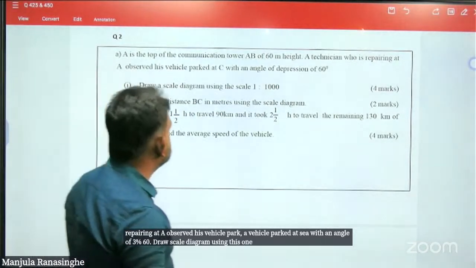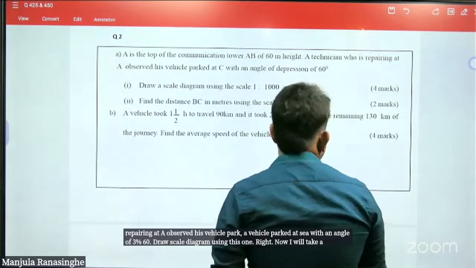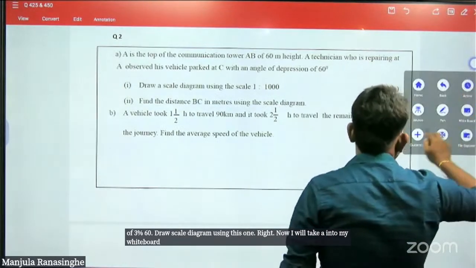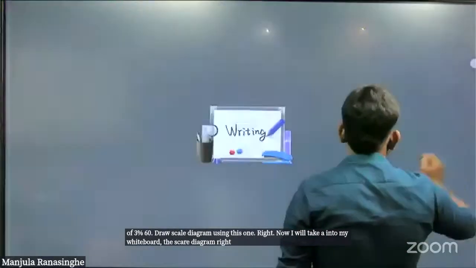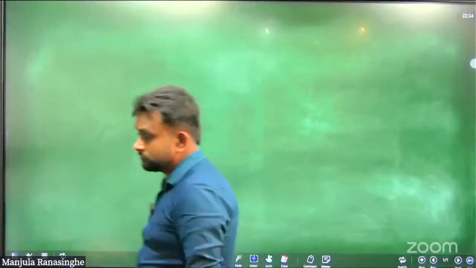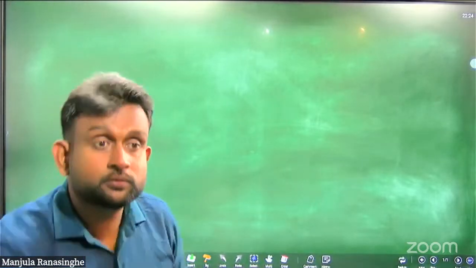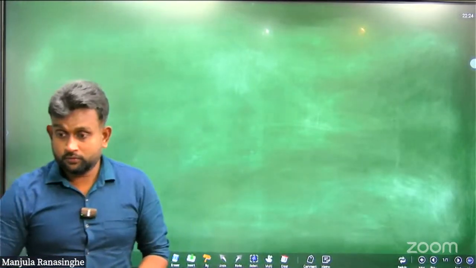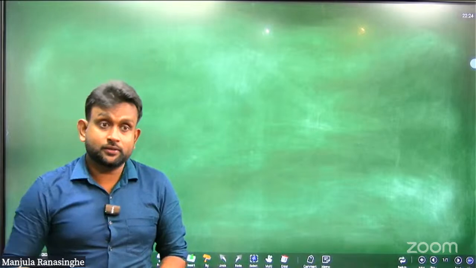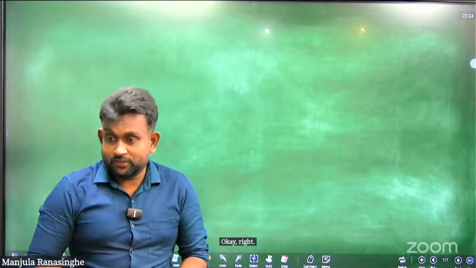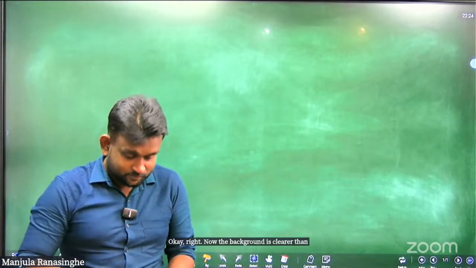Right. Now I will take the scale diagram onto my whiteboard, right? Okay, right. Now the background is clearer than that, huh?